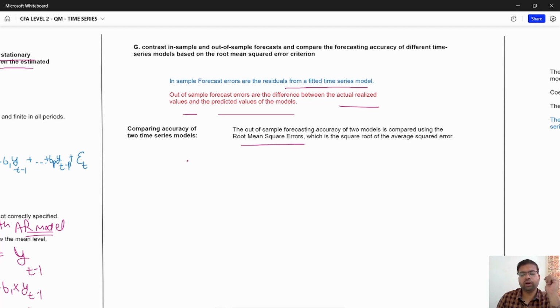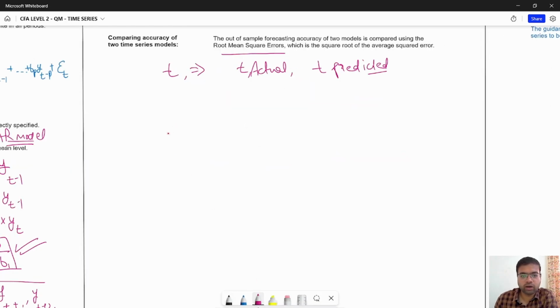Now let's see, you have got observations up to t. So for these t observations you will have t actual values and t predicted values. Now let's see how to calculate the root mean square error.